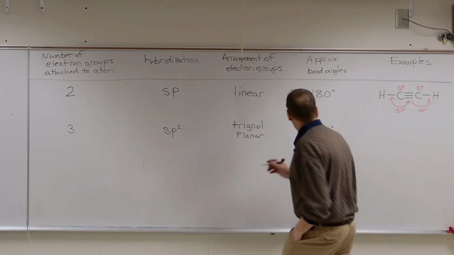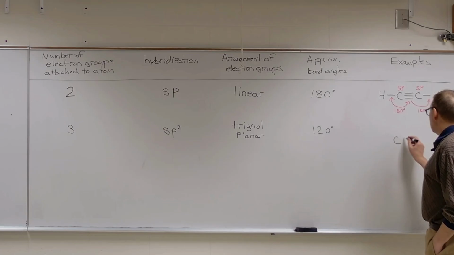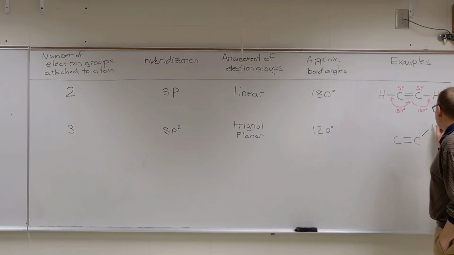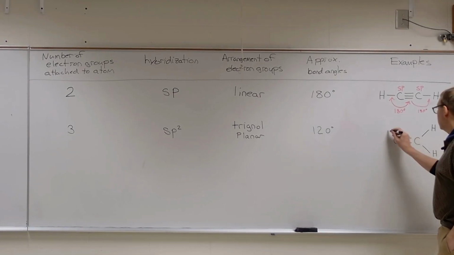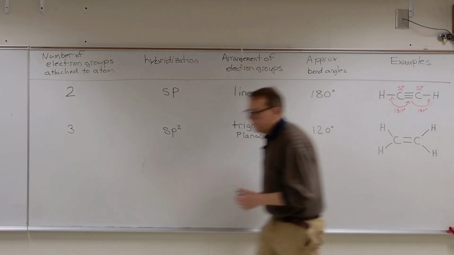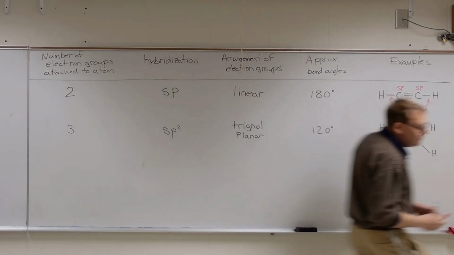And as an example of this kind of molecule, I will show you a carbon-carbon double bond. So in this structure, we've got each carbon having 3 electron groups.